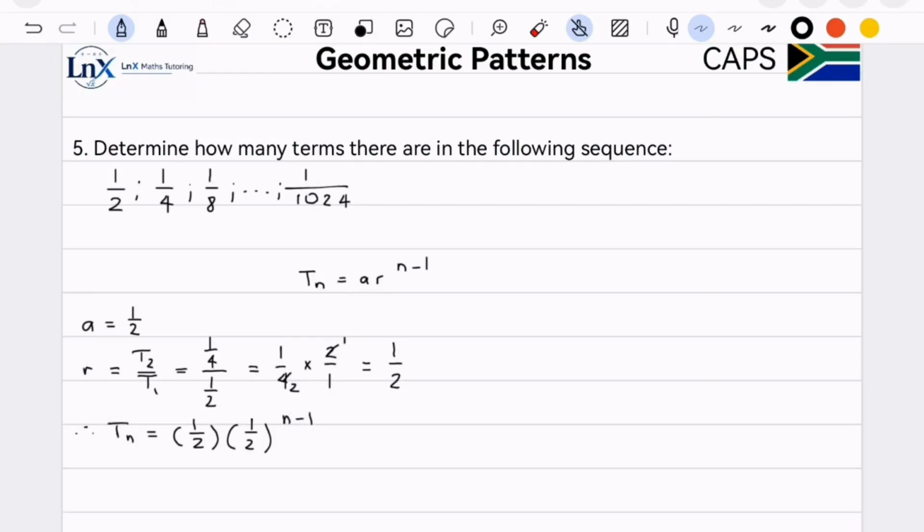So we know that the last term is 1024. So now we actually need to solve for n. We need to solve for this n here. All right. So let's go.